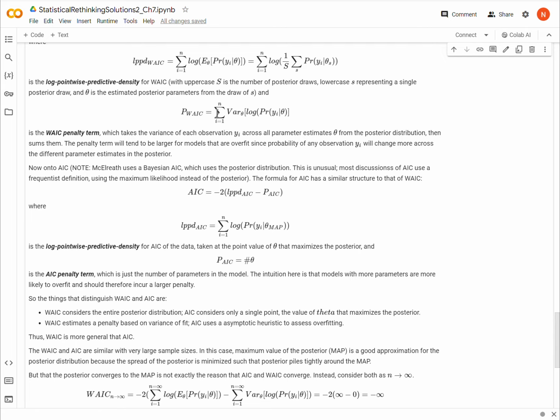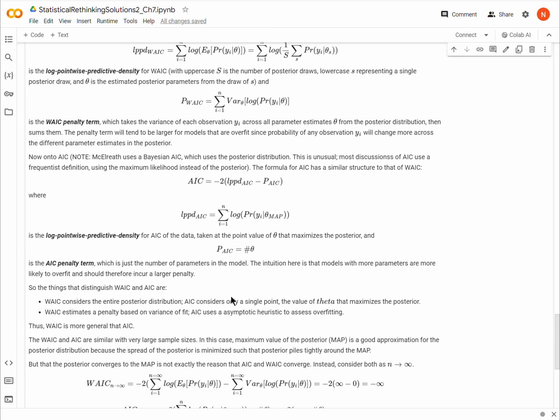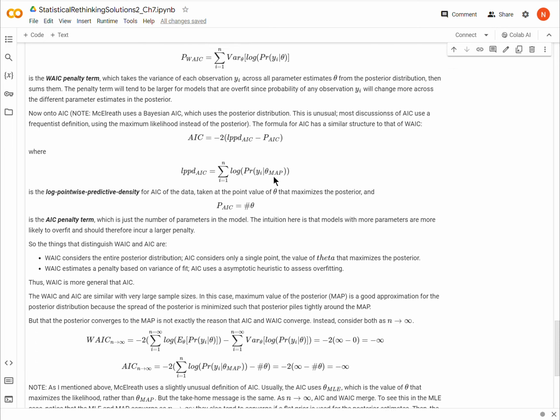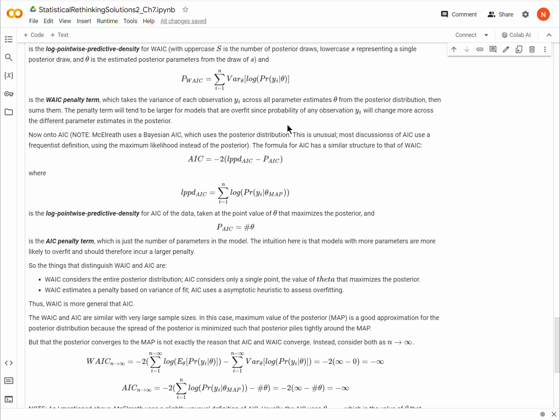Whereas the PWAIC, the penalty term for the WAIC, is using the variance of the probability of y across the posterior distribution, the penalty term for AIC is just using the number of parameters. Okay, so WAIC is more broadly applicable if for no other reason than it's considering the entire posterior distribution in both terms.